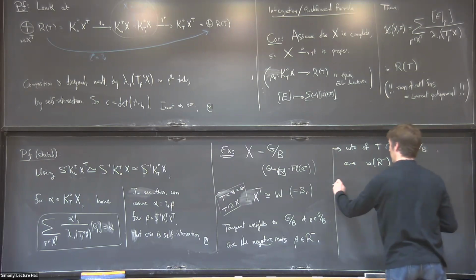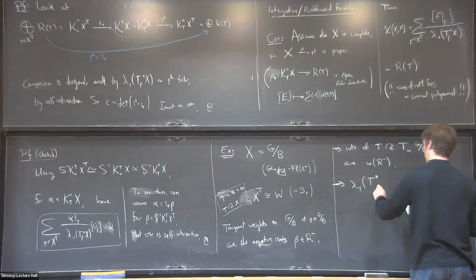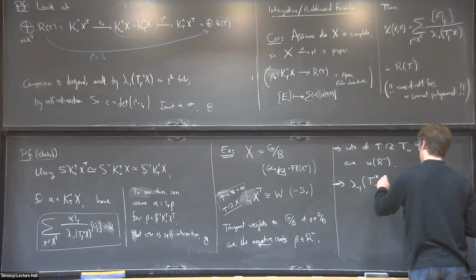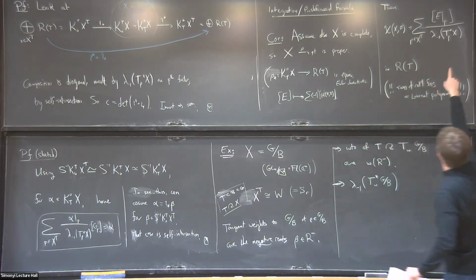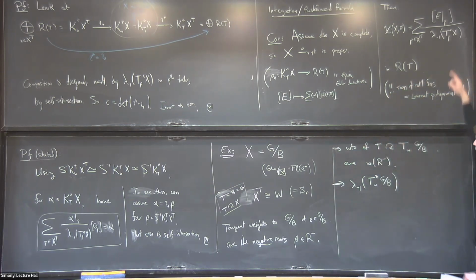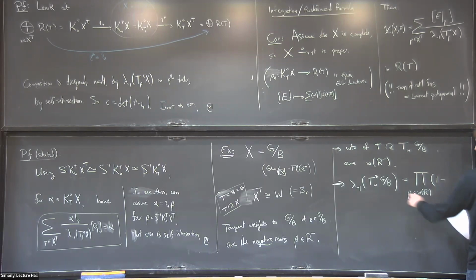So this means that I can write T dual, so I can write this denominator that I'm going to need to compute if I want to apply a formula like this as just the product over beta in the negative roots of 1 minus, and I dualize, so I get negative beta.